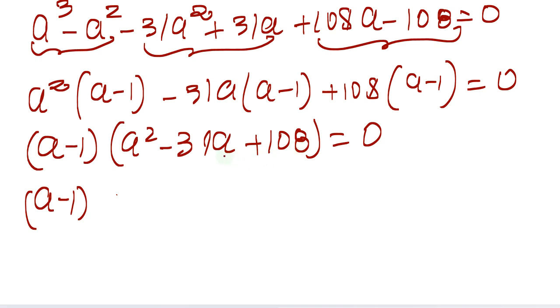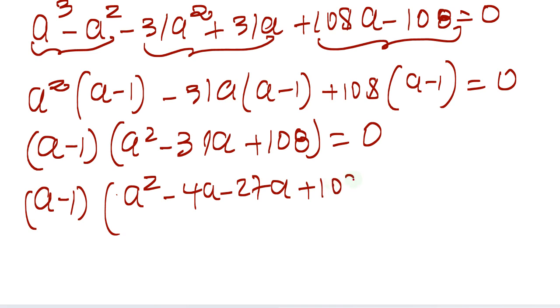So I'm going to factor out 4. If I want to have 4 here, this is a squared minus 4a, and then 31 minus 4, I'm going to have 27, minus 27a, plus 108, and then this is 0.